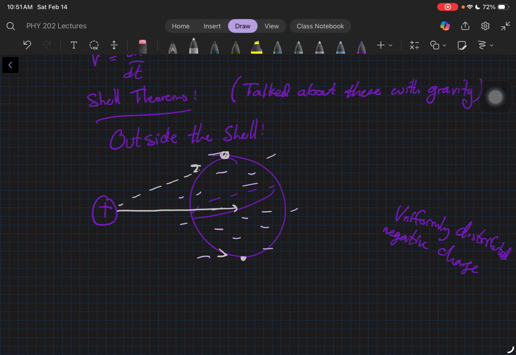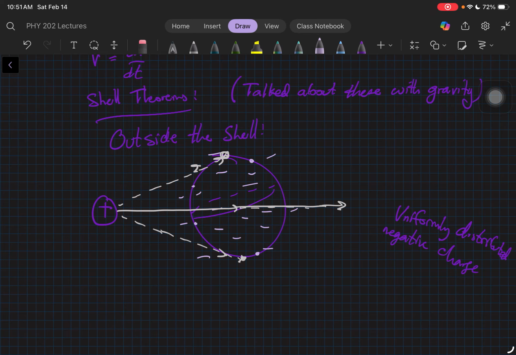So if you add up this vector and this vector, you get something that's going to be pulling you this way, right? And so that same line of reasoning works out everywhere else along this sphere, right?